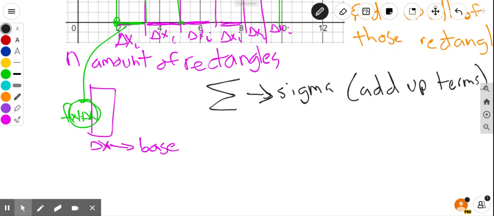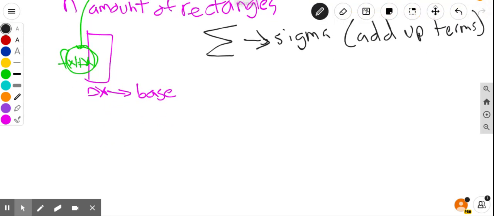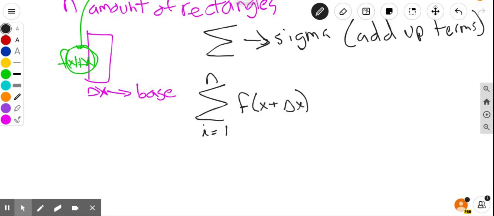So let's talk about what the sigma has. A sigma has certain components. It's where am I starting, how many I have, and what exactly am I adding. Right?